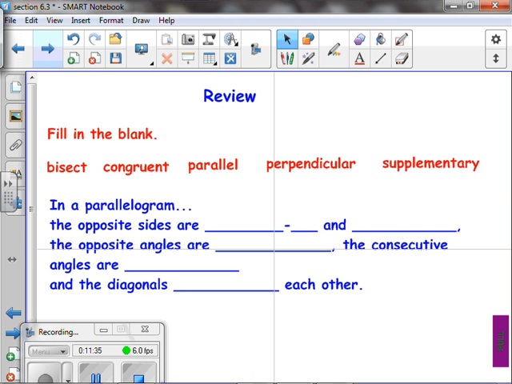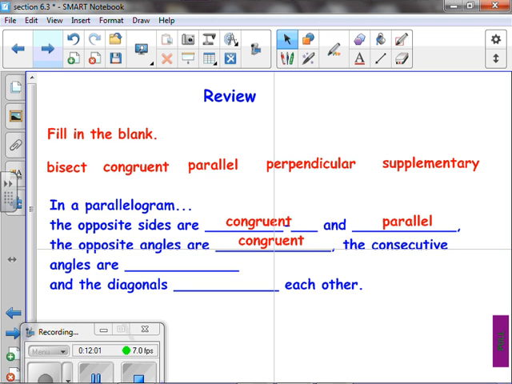And we are going to finish up by reviewing these next two slides. Fill in the blank. In a parallelogram, the opposite sides are what? The opposite sides are congruent and parallel. The opposite angles are congruent.